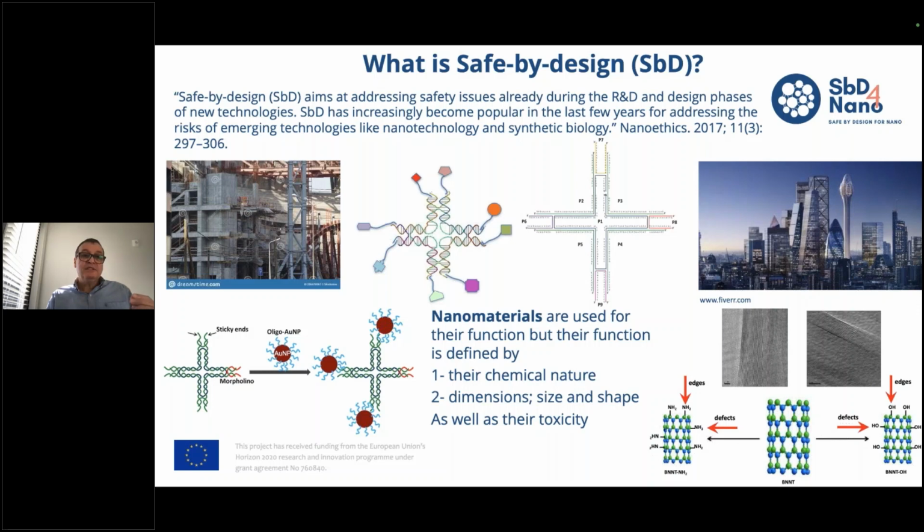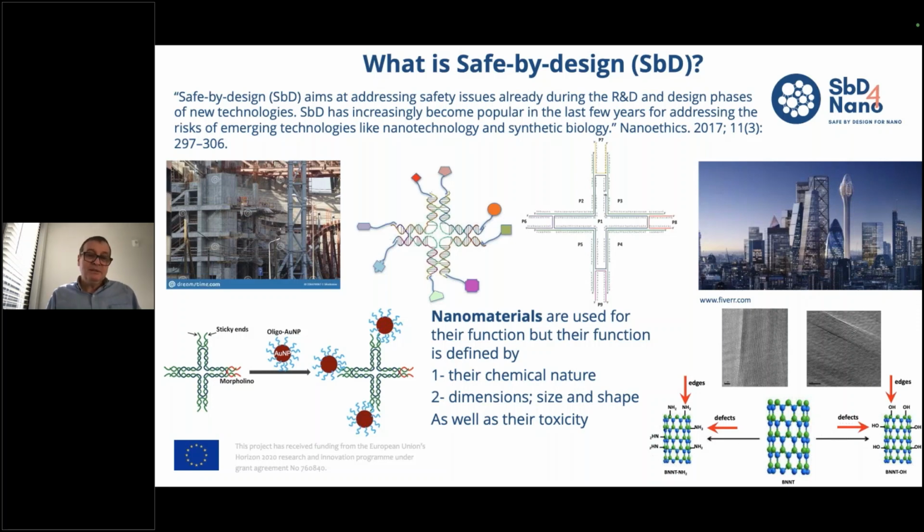The definition of safe by design is to consider all the safety concerns from scratch during the R&D stage, and then go through all the steps from the R&D stage to the release into the environment. For example, if you build a building, you need to take care of all the safety concerns, because people will be going into the building and living in it, right? We don't want it to collapse two days later. So you need to take all the precautions before you start making the building.